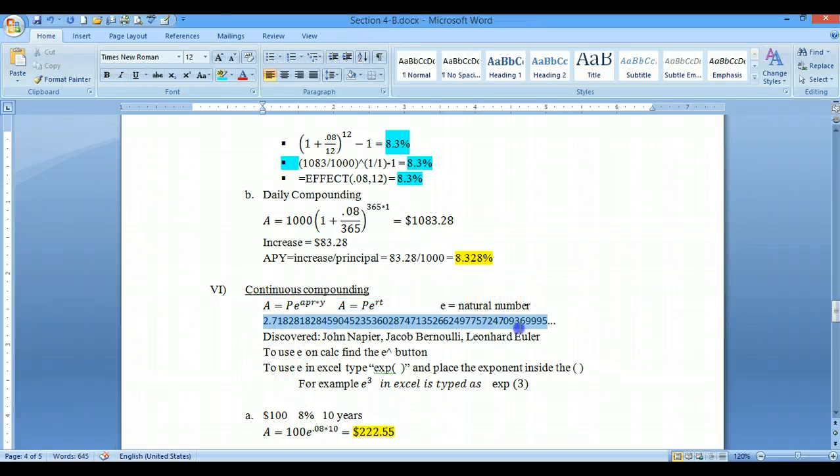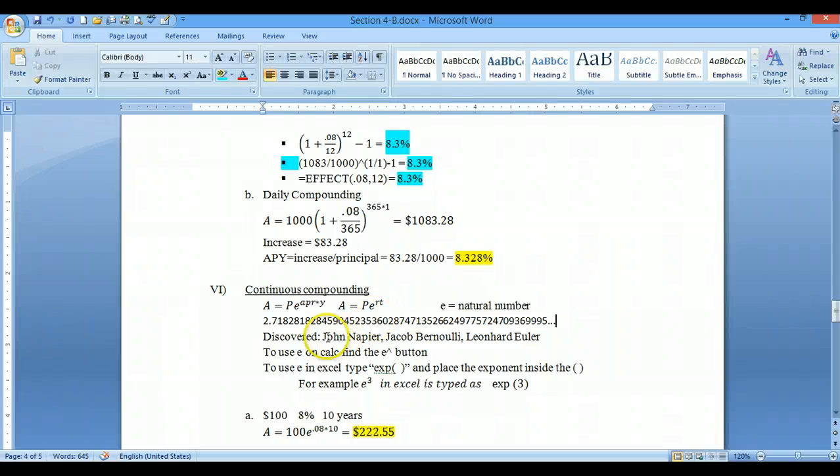Here is the natural number, 2.71828, and so on and so forth. It's just like pi, except pi was discovered in geometry, the ratio of the circumference of a circle divided by the diameter of the circle. Well, they discovered E, the natural number, just like pi, except not in geometry, but in finances and logarithms.